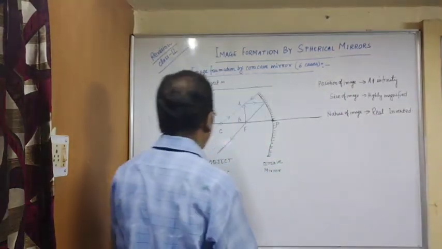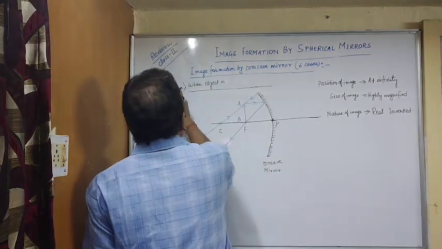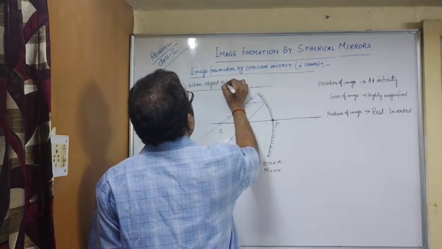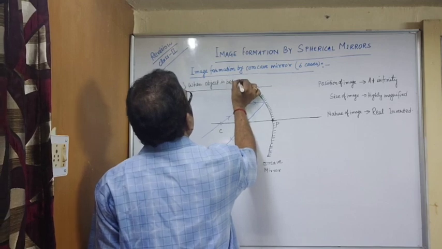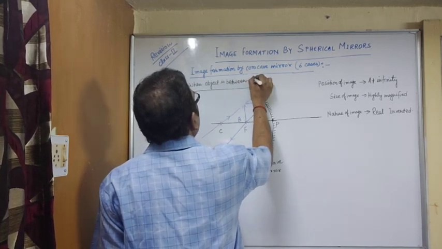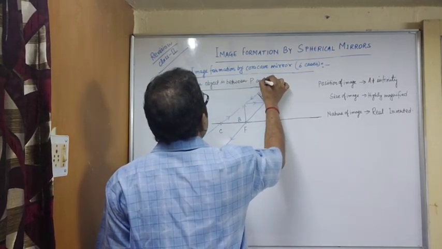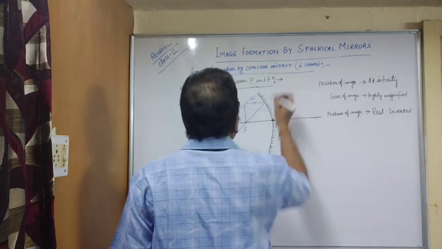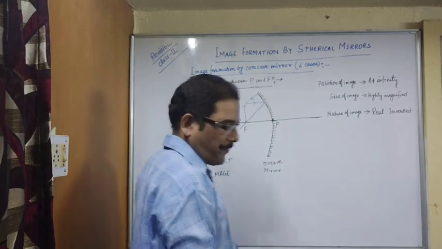This is the last case, sixth case, when object is between P and F, between pole and principal focus.